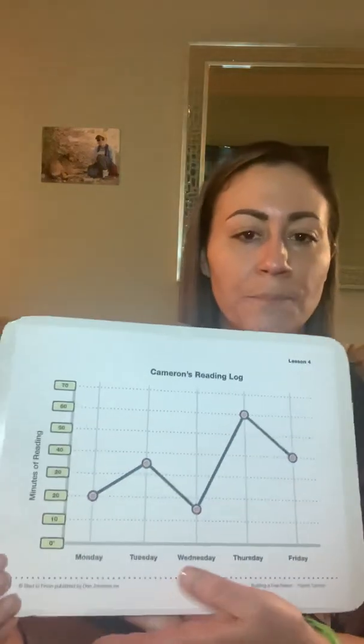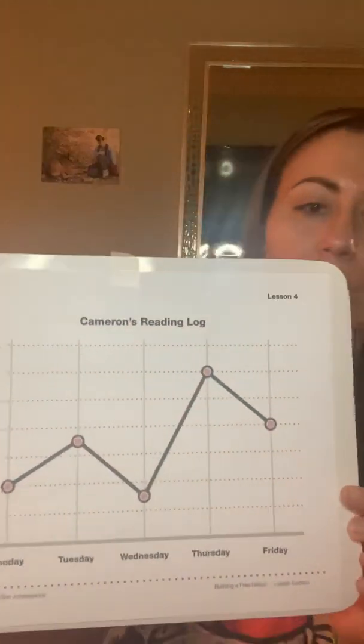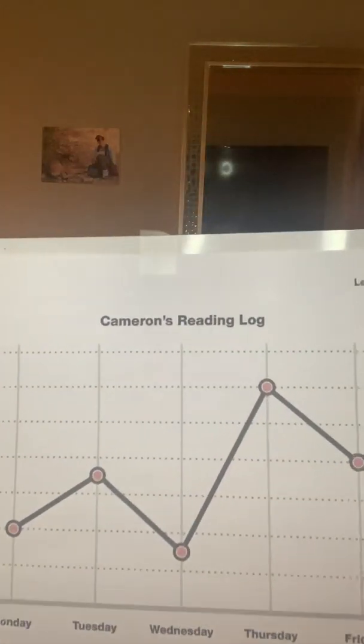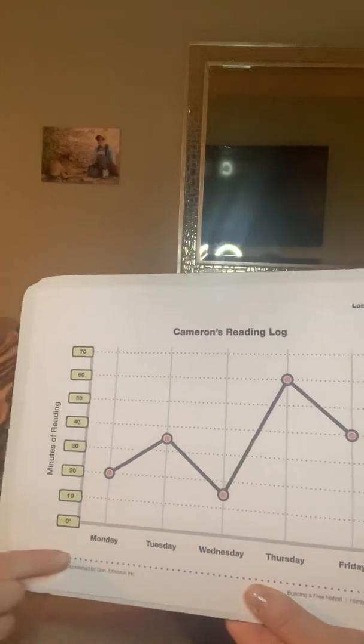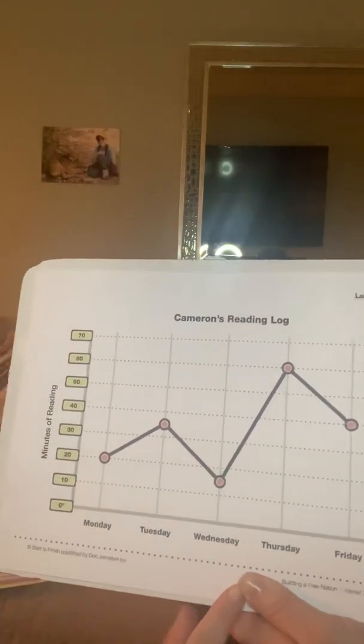So we use special pictures called graphs to help us understand how something changes over time. So I'm going to be showing you a graph that a boy, Cameron, made. Right here, you're going to see this says Cameron's reading log. If you look at the graph, it shows us the number of minutes that Cameron read, and down here we have the days of the week.